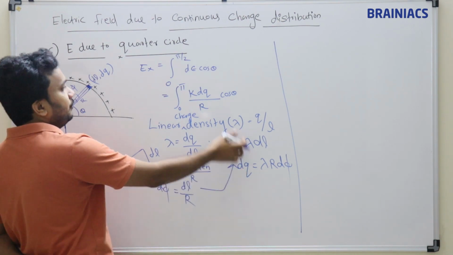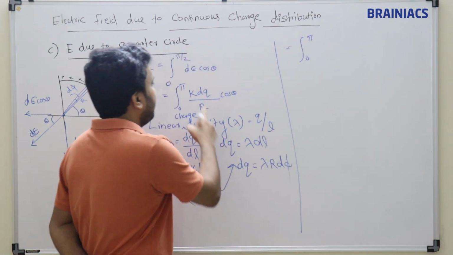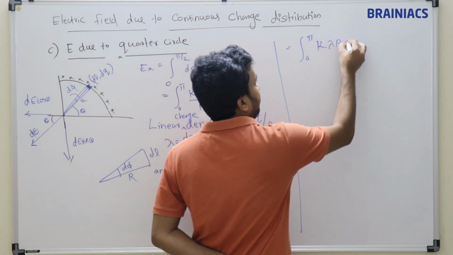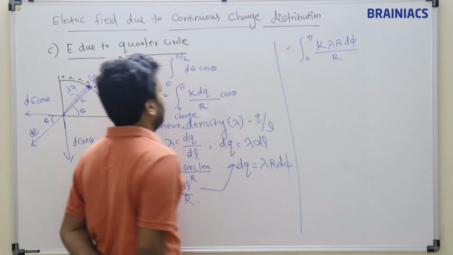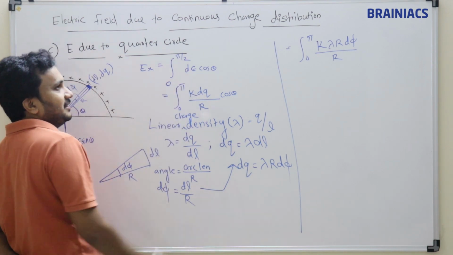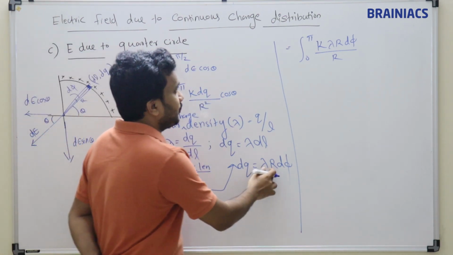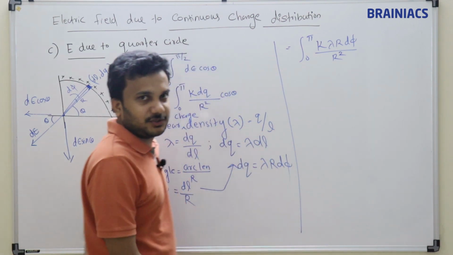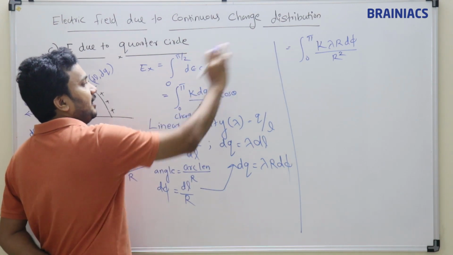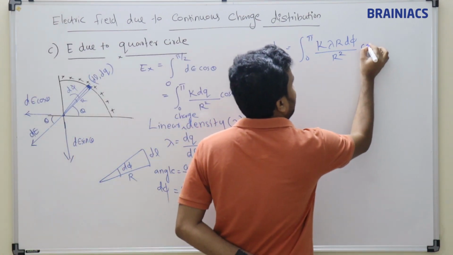We know dq now, so we substitute it. Continuing, integral 0 to pi/2 of k into dq, which is lambda r d phi, whole divided by r squared. Here I made one mistake. dE, the electric field intensity, is k into dq by r squared. The square was missing, so I added it. So it is k lambda r d phi over r squared, and in the numerator it is cos theta.